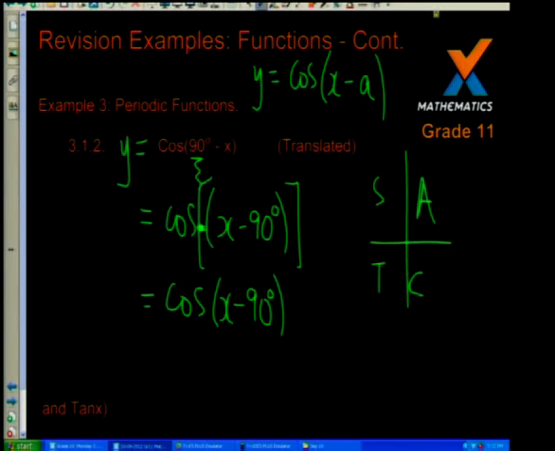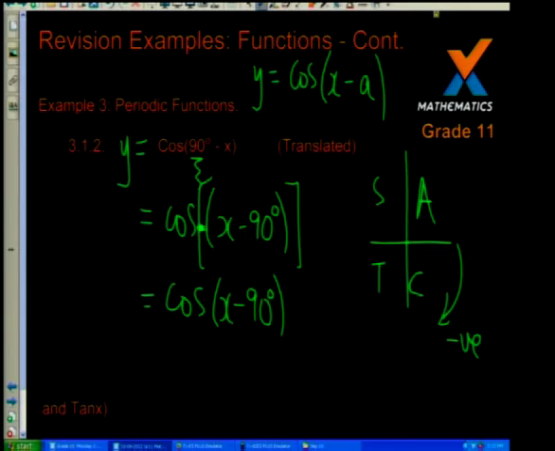So remember, we've got All Students Take Coffee. That is for our ratios. A quick reminder: if an angle is in the negative direction, you are beginning to measure clockwise. Then in the first quadrant, this is an acute angle in this case. In the fourth quadrant, our cosine is positive.